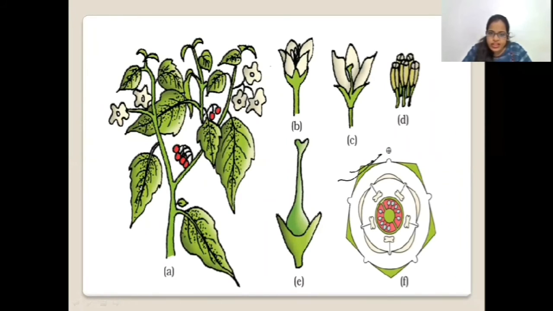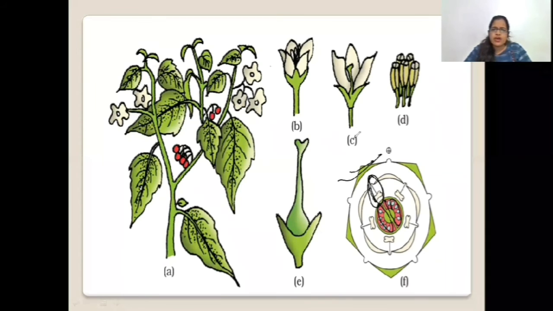This is one carpel. This is another carpel. Here, the epipetallous condition is present. This is all about the Solanaceae family you have got to study. Now, let's see the next family.